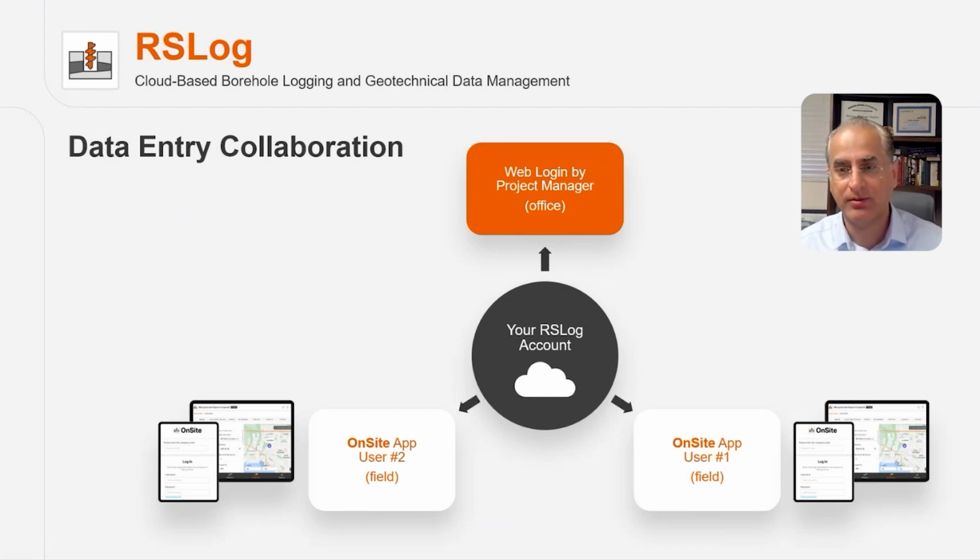And from time to time, they sync data to your RSLog account. And Sarah is going to talk about syncing. You can do kind of real-time syncing, or you can do it like every 5 minutes, or depending on the progress of the borehole, say at the end of each borehole, for example.